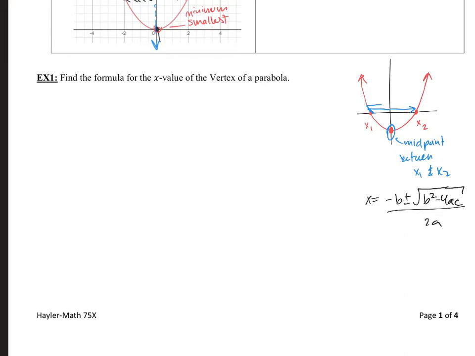Splitting up the positive and negative values, in our case x sub 1 equals the negative version and x sub 2 equals the positive version.